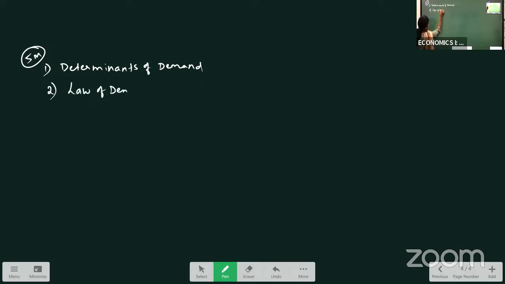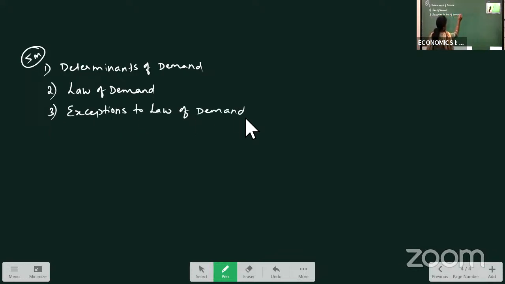For 5 marks questions, first, we have done determinants of demand. If you want these answers, you can go through the previous chapters, what we discussed yesterday, day before yesterday and so on. Then the law of demand. Then exceptions to the law of demand.